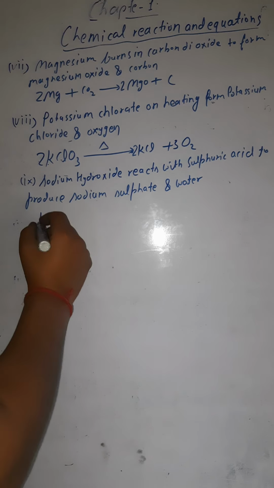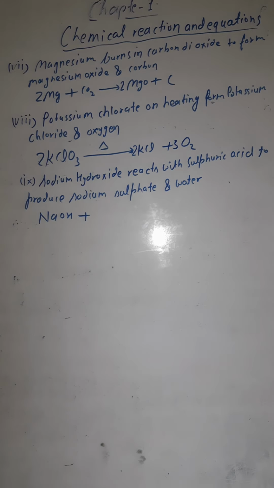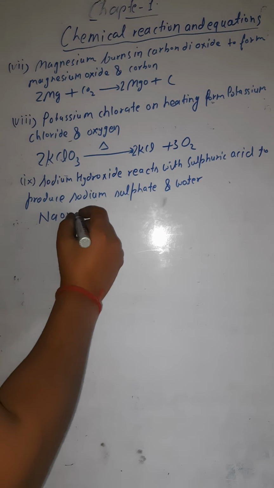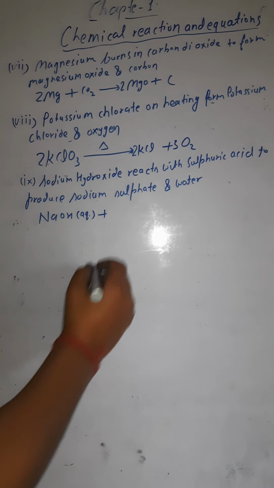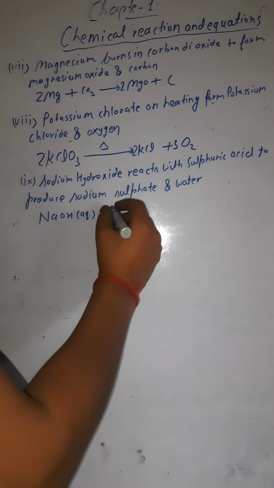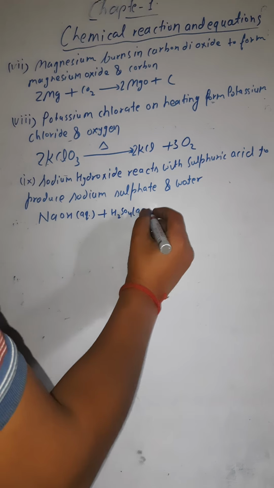So here we have sodium hydroxide. Can you tell me the chemical formula of sodium hydroxide? Yes, NaOH. Very good. Can you tell me the state of sodium hydroxide? Aqueous state, yes. It reacts with sulfuric acid. Sulfuric acid formula, yes, H2SO4, and state is again aqueous.